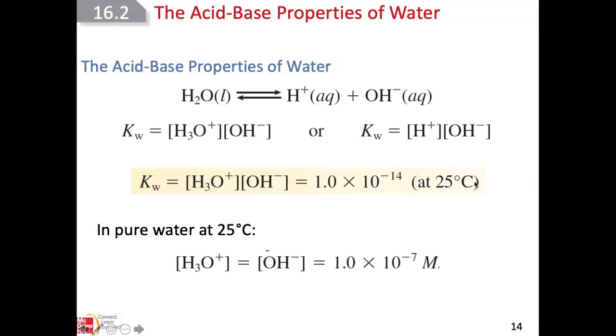At 25 degrees Celsius, the Kw value equals 1.0 times 10 to the negative 14. In pure water at 25 degrees Celsius, the concentration of the hydronium ion equals the concentration of OH minus ion, and they're both equal to 1.0 times 10 to the negative 7 molar.